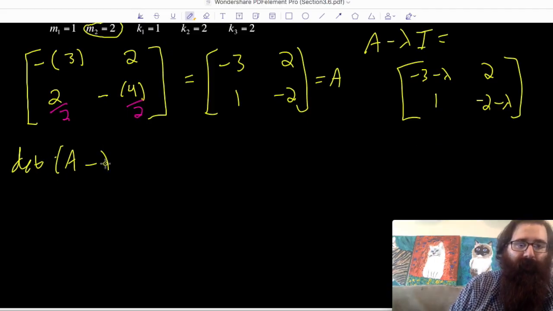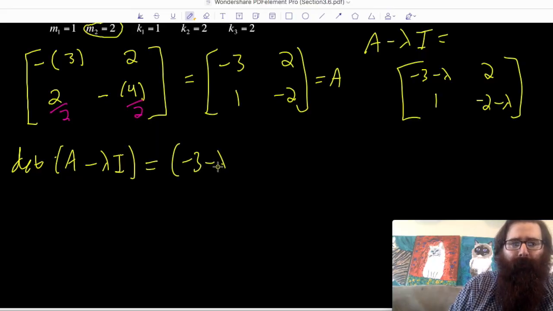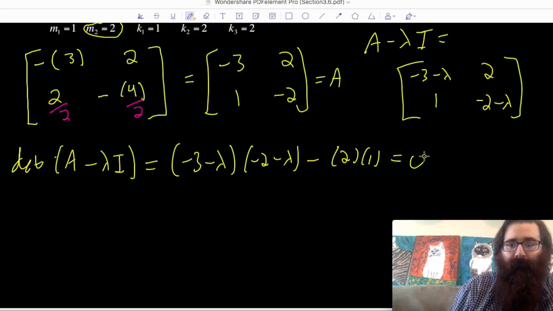Determinant of A minus lambda I. That's going to give me negative 3 minus lambda times negative 2 minus lambda, and then minus 2 times 1 equals 0. If I expand this out, negative lambda times negative lambda is positive lambda squared. I get 2 lambda plus 3 lambda gives me 5 lambda. Negative 3 times negative 2 is positive 6, and then minus 2.